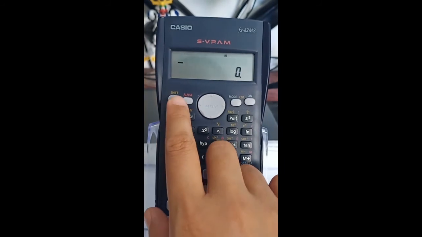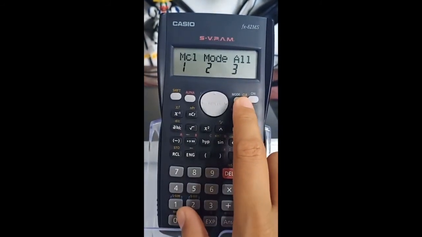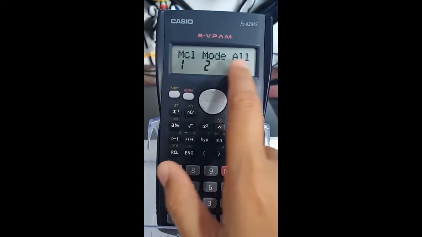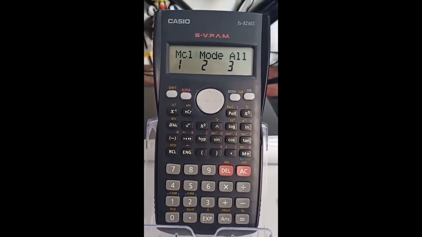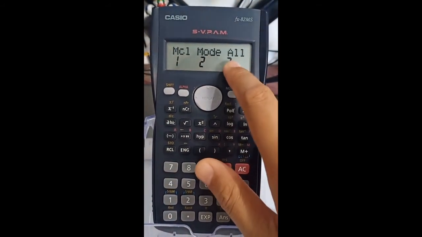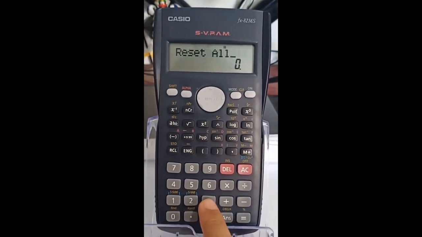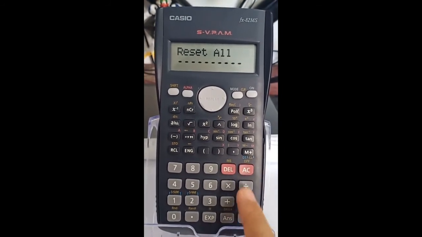So, input shift, tapos mode, tapos makikita mo yung options na ito. Okay? MCL mode and all. All stands for resetting all the memories of your scientific calculator. And to reset all, input 3, sabi niya. So, input 3, ayan. And then, equal sign, na-reset na yung memory ng ating scientific calculator.